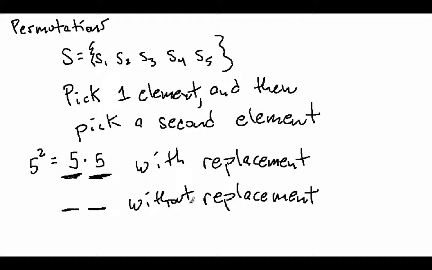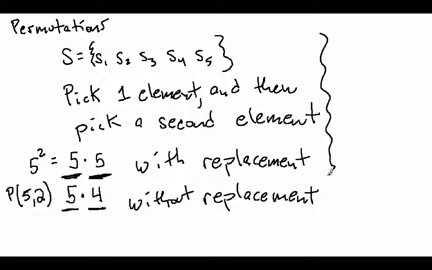On the other hand, if we do it without replacement, we can pick 5 elements for the first position, and then there are only 4 of them left afterwards. We said we would refer to this as P(5, 2). So these were the two ways of calculating the permutations. I just want to take a side note here. I hope you've been reading in the book.